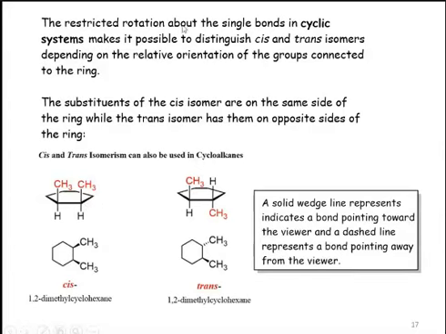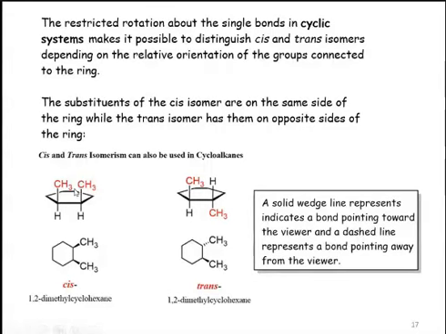The restricted rotation about the single bond in cyclic systems makes it possible to distinguish cis and trans isomers depending on the relative orientation of the groups which are connected to the ring.